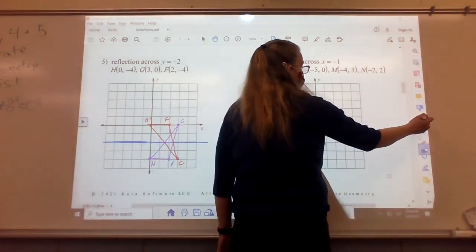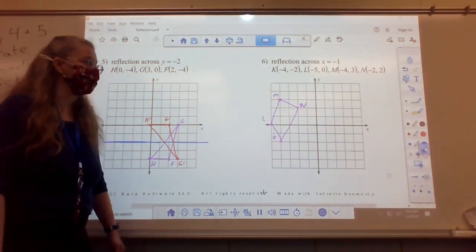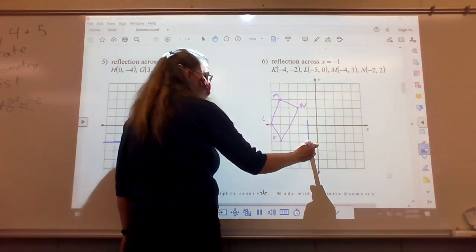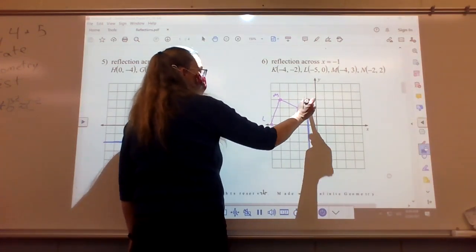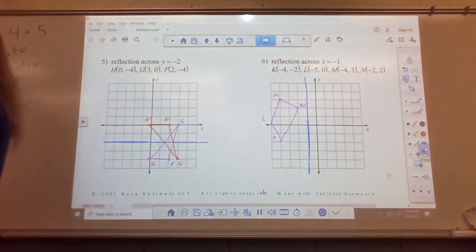Now x is -1. So that means on the x line, go to -1. Draw your reflection line. Now usually if you can get that far, the rest of it's pretty easy, because you just flip it over.